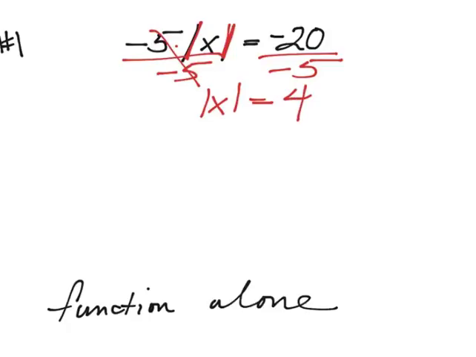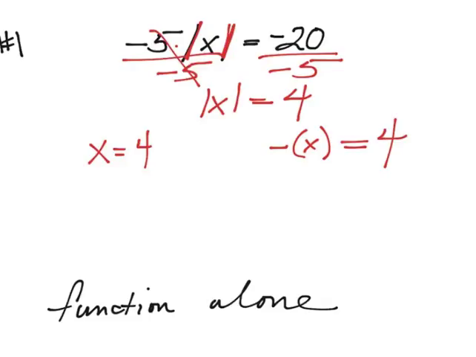Now we learned today that absolute value can be either positive or negative on the inside, but it's always positive on the outside. So x can equal 4, because that's what's on the inside. Or -x could also equal 4, because if you put -x inside the lines, it would turn to a positive, because absolute value is a distance, and a distance is always positive.